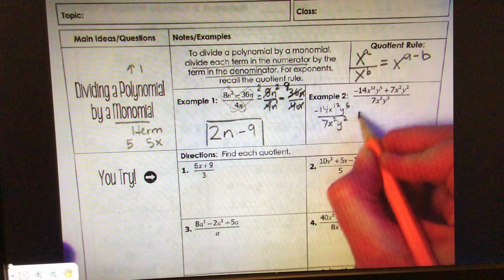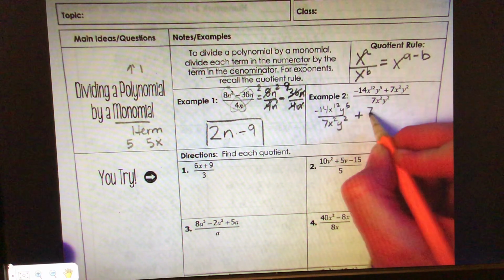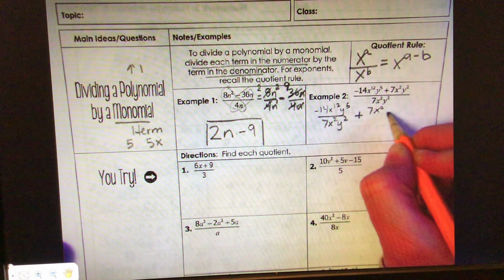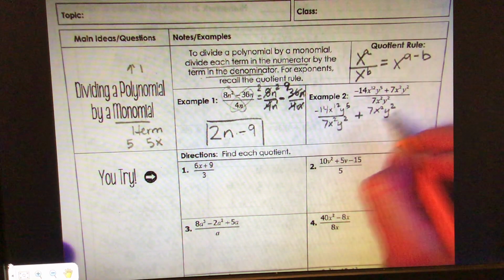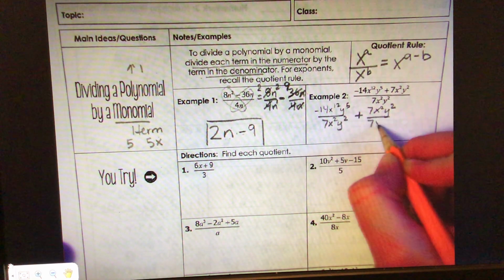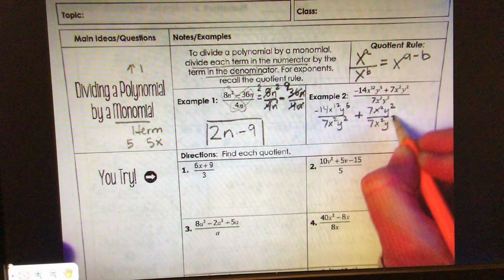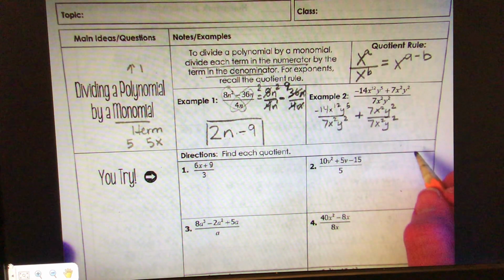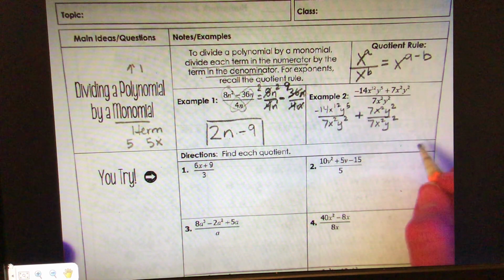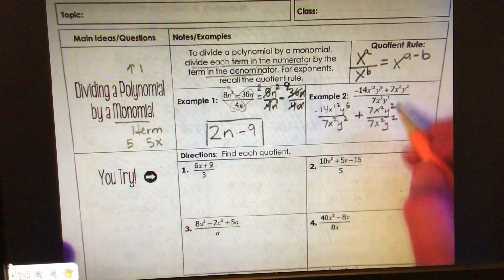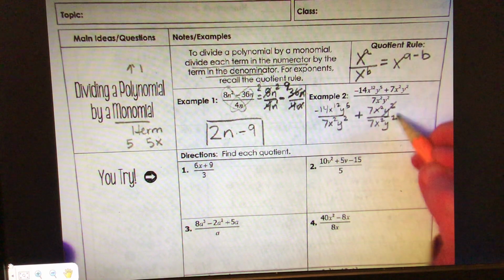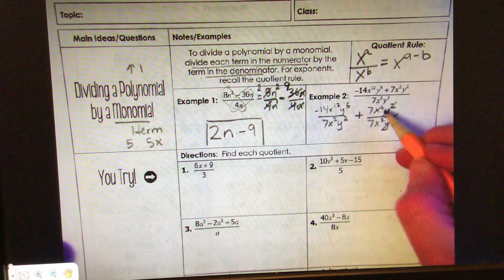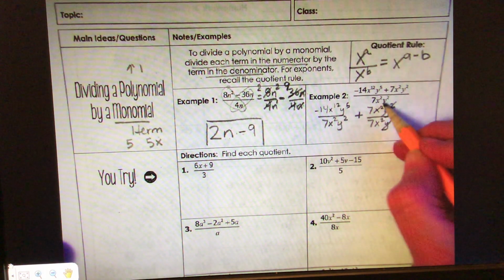And I'm adding it to 7x squared, y squared, all over that same denominator. Okay. Now, I'm hoping that I can start canceling some stuff. Well, let's just start to cancel. So y squared over y squared, done. x squared over x squared, oh, done.